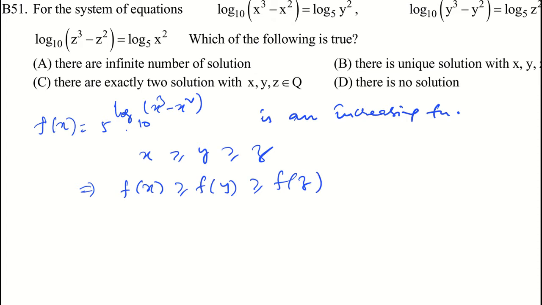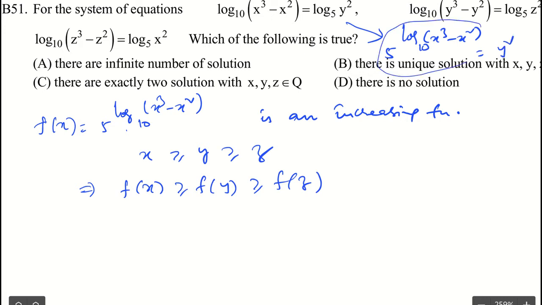Now from the first equation, you can see that if I remove the log on both sides, that means if I take 5 power on both sides, on the left hand side I'll have 5 power log of x cube minus x square to the base 10 is equal to, on the right hand side, y square.